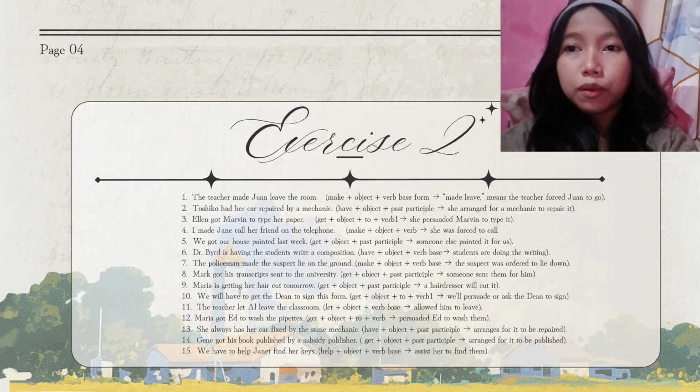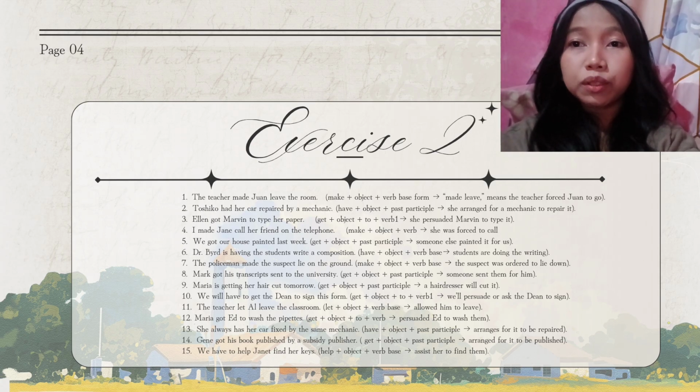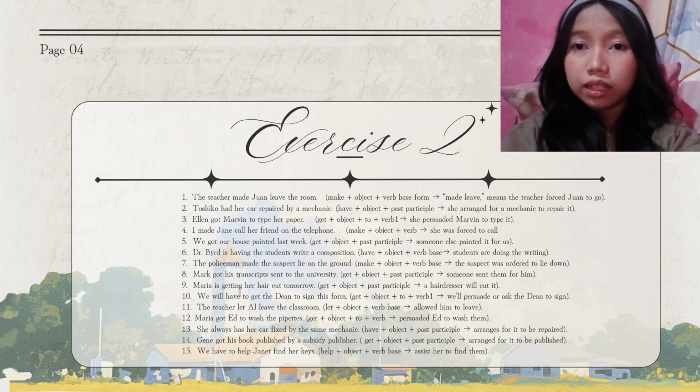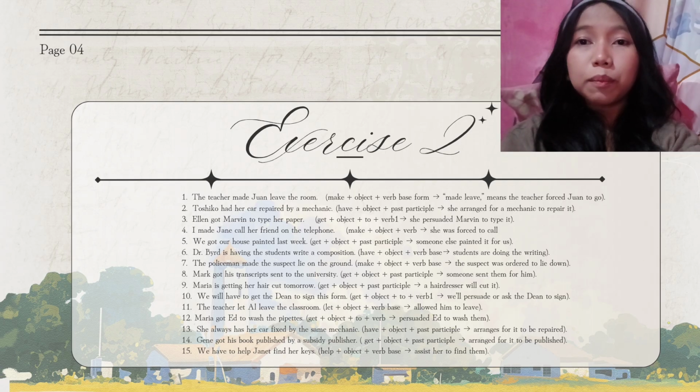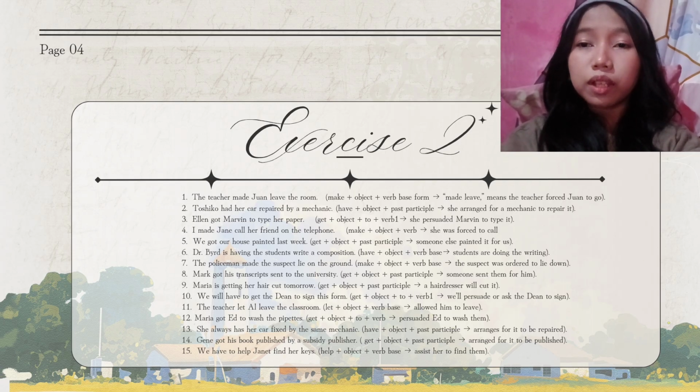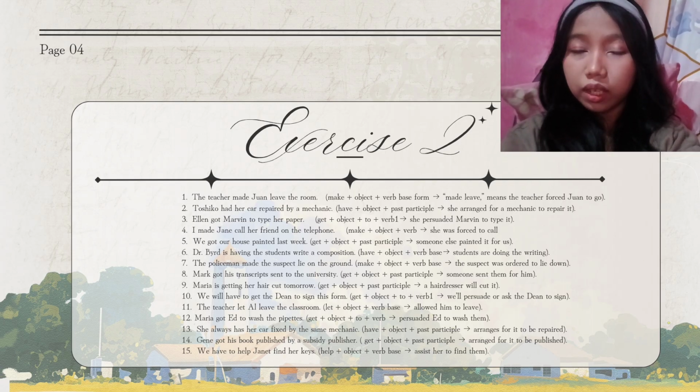The answer for number 3. Ellen got Marvin to type her paper. The structure of the sentence is get plus object plus to plus verb 1. The verb got here means persuaded or arranged for someone to do something.